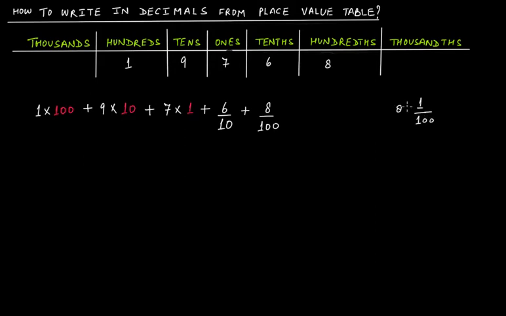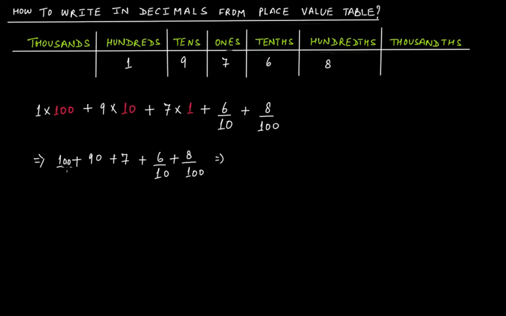So 8 times 1 over 100 will be this one. So if you solve them, this is 100 plus 90 plus 7 plus 6 over 10 plus 8 over 100.